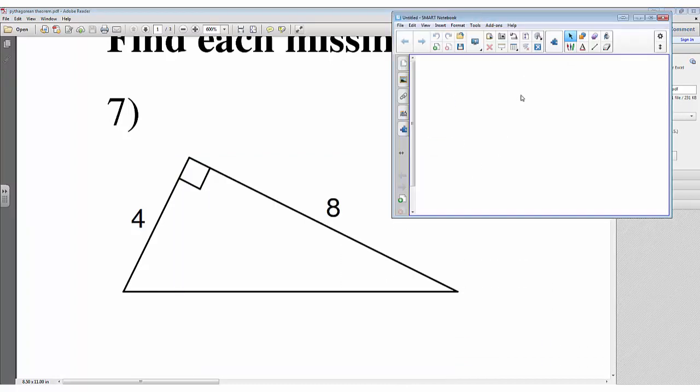From this notebook, using their pens, I would like them to work on the question, of course. They need to write down c square.